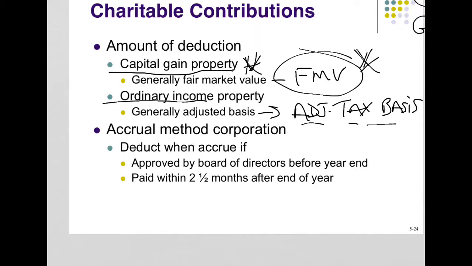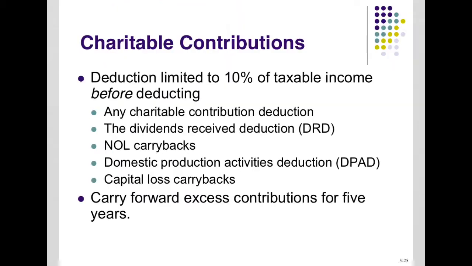All right, when you deduct it, that's under the accrual method, if you're an accrual method corporation. Here's the key, though, of what I said before, that corporations are not considered by tax law to be really gratuitous, or they don't have at least a strong enough soul to think that they're like us, that they can be giving away lots of money. But they do get some deduction. What they get is a deduction limited to 10% of their taxable income before deducting certain items, which are listed here.